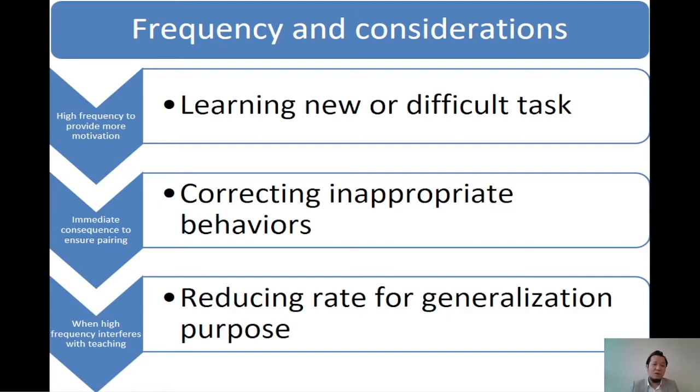We also need to use it for correcting inappropriate behaviors. Behaviors occur for a reason, and often it's due to their reinforcement value. To increase motivation, high value reinforcement should be introduced. I'm sure we all have bad habits, and there's a reason for them because in some ways they're enjoyable, they're reinforcing.